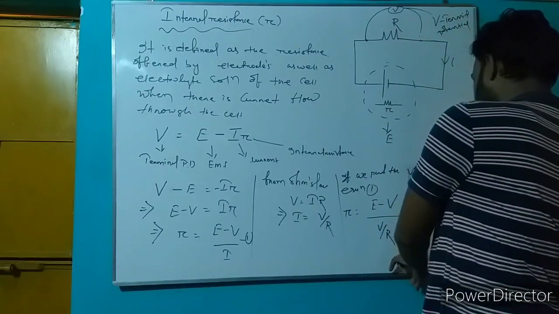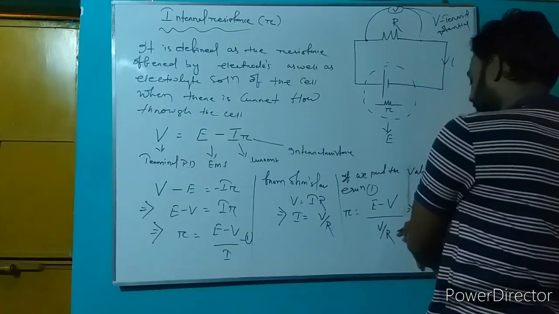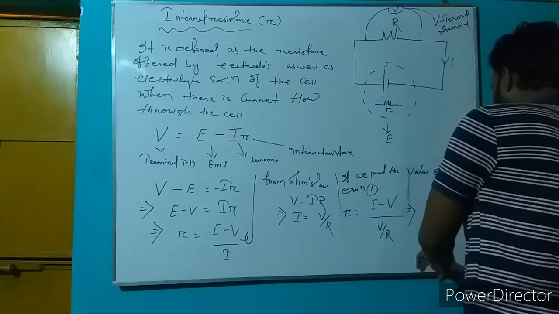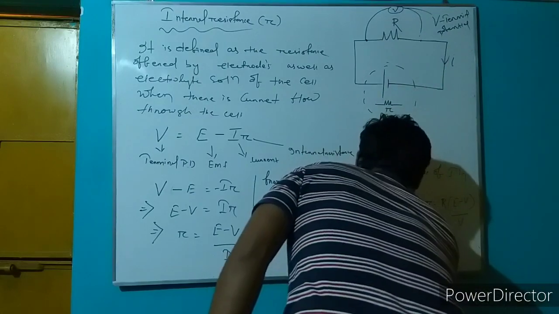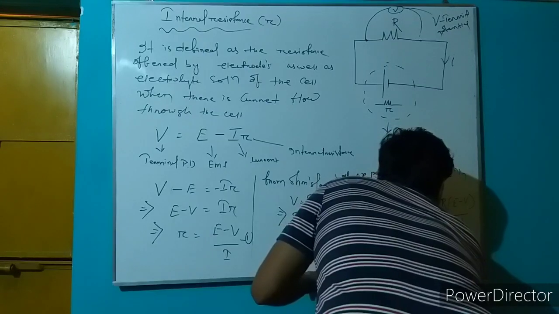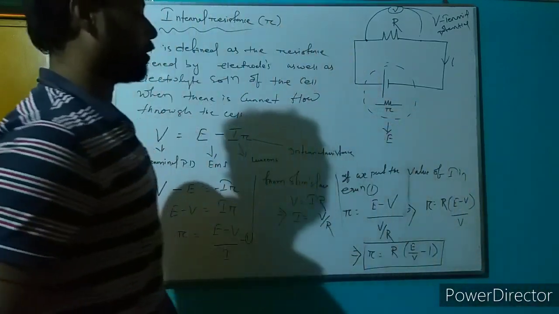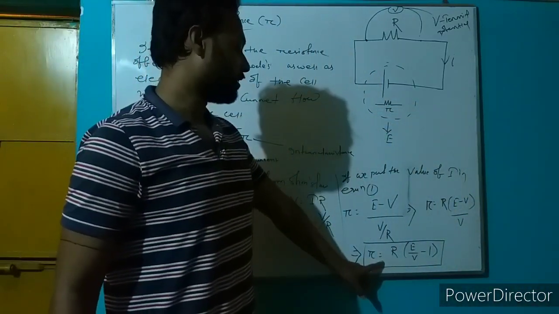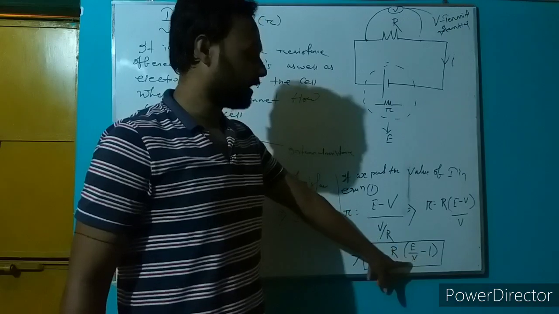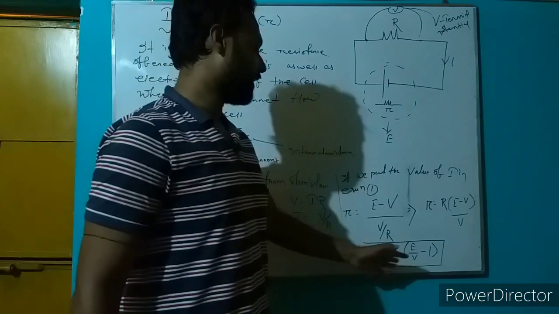That implies small r equal to R into (E minus V) by V. That implies r equal to R into (E by V minus 1). So this is the formula of internal resistance of the cell: small r equal to R, the external resistance, into (EMF of the cell divided by terminal potential difference minus 1). So this is all about internal resistance of the cell.